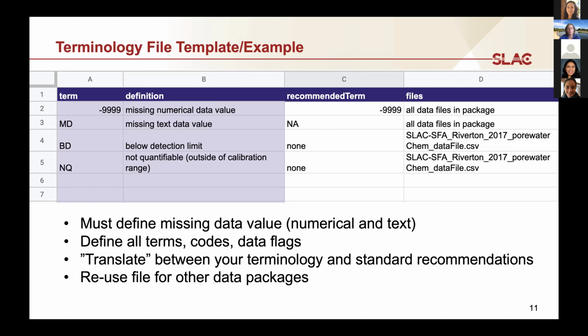But if you deviate from that, then you will have to report what the terms are and define them. You have to define your missing data value both for numericals and text, even if you use the ones that are recommended by the standard.